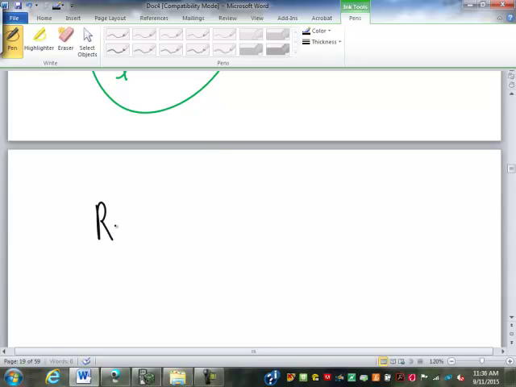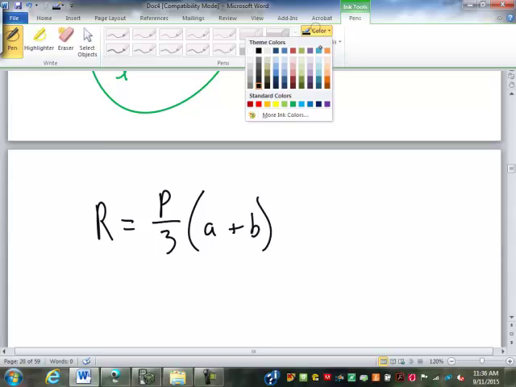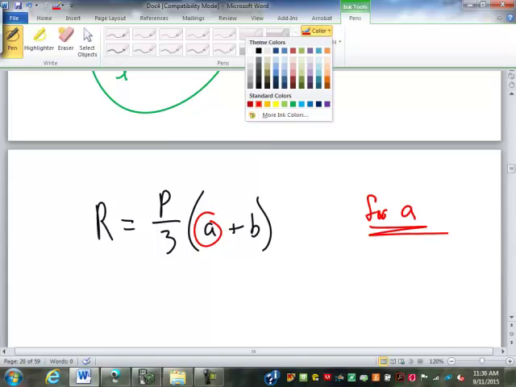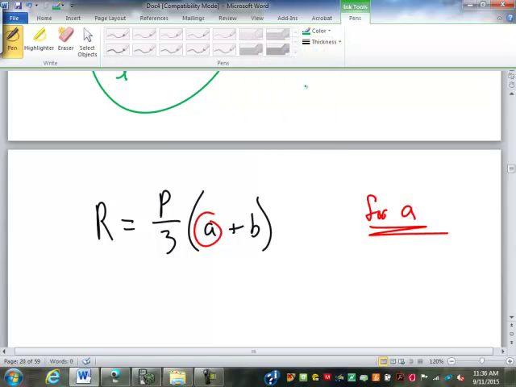We might have something like R equals P over 3 times A plus B. You might be asked to solve for A. Here's A, which means I've got to get rid of everything else. If I look at what has been done to A here, first of all, we see the parentheses. If there were numbers here, I would take this and distribute it.